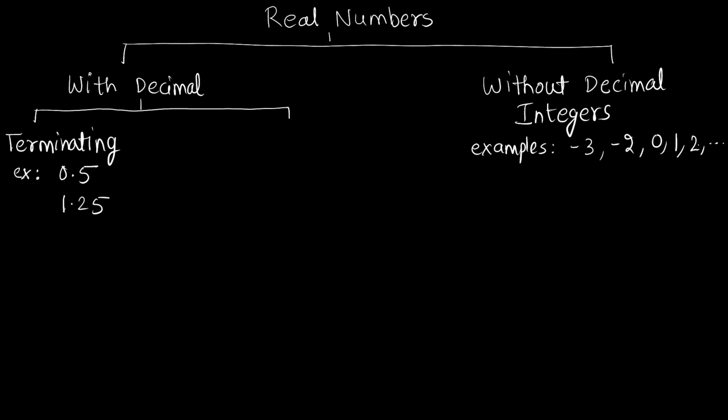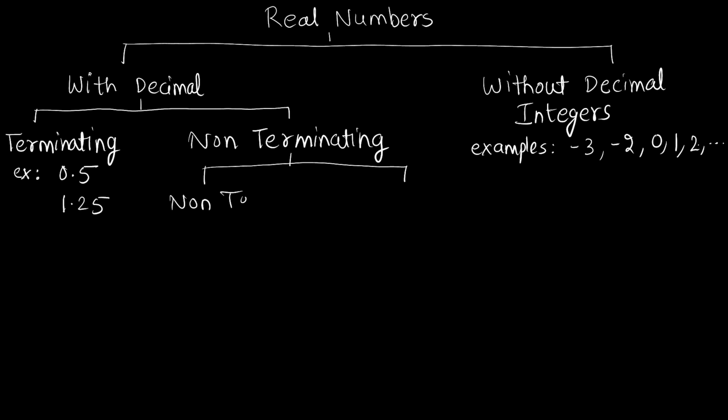Now the other category is non-terminating. Now in non-terminating also we have two subcategories. That the decimal expansion is non-terminating as well as repeating. So we can say the decimal expansion is non-terminating as well as there is some pattern that it is repeating.